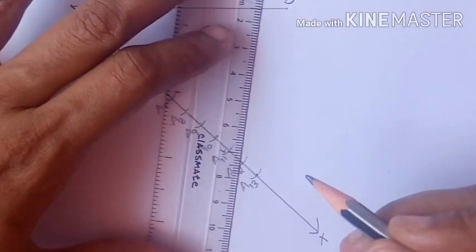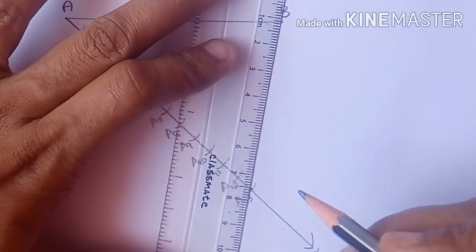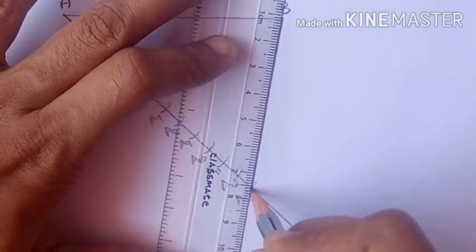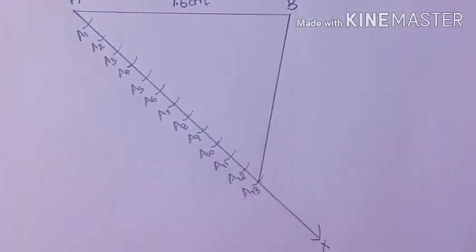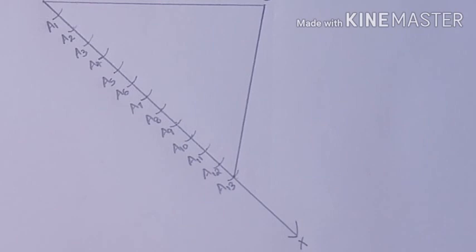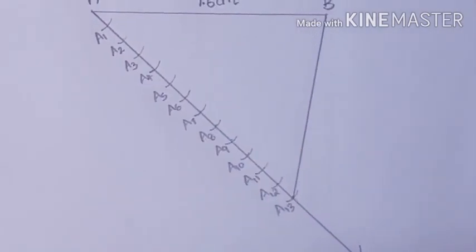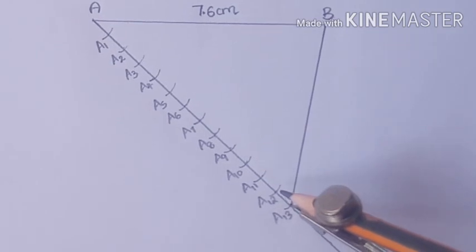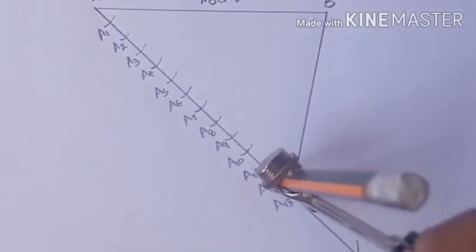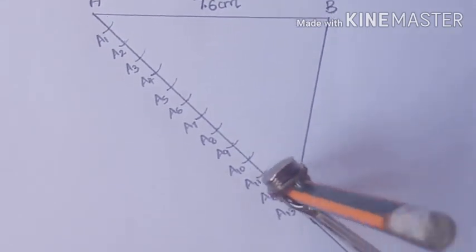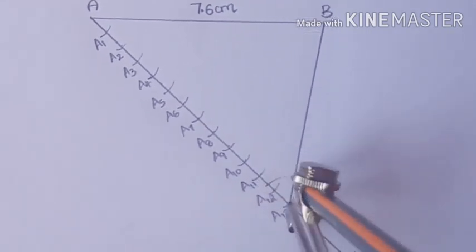Next, using your ruler, join the last portion, that is A13 to B. Now, using your compass, take any radius and draw an arc by keeping your compass at A13.